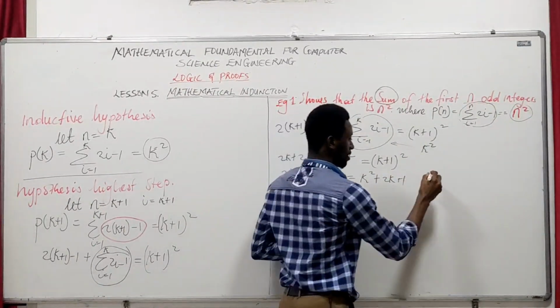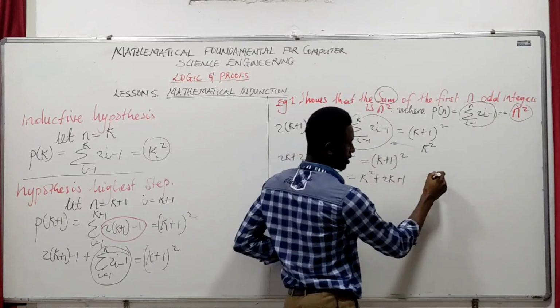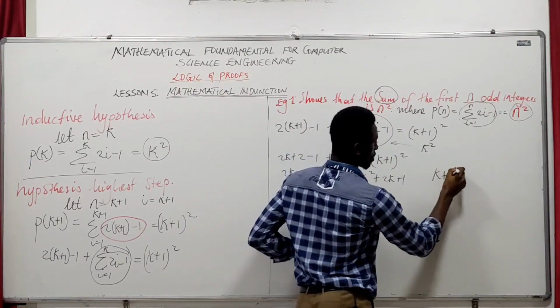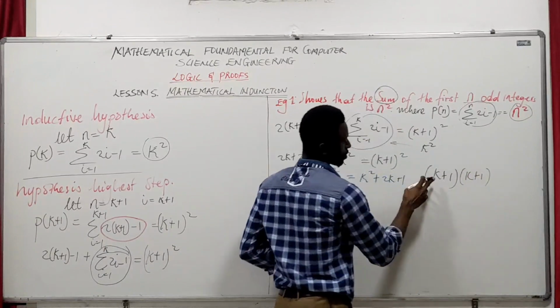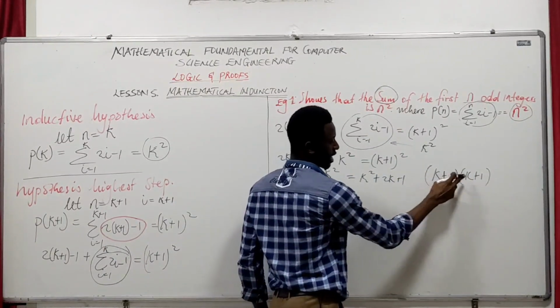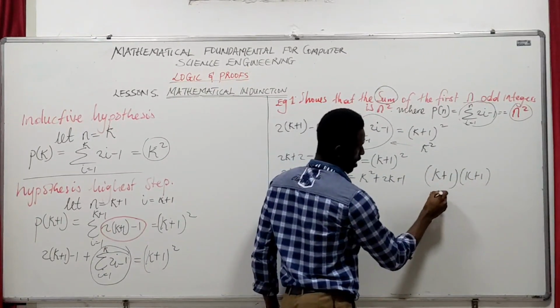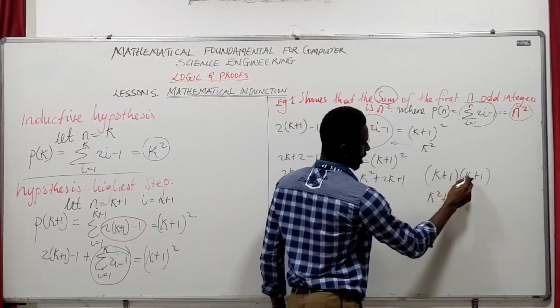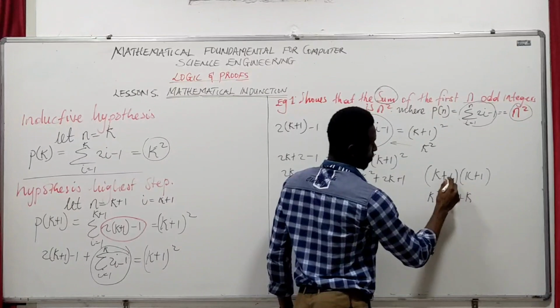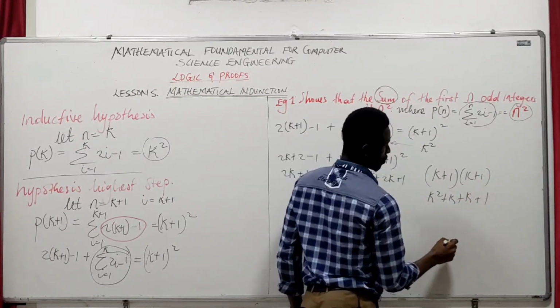In case you don't know how to expand this, say k plus 1 times k plus 1. First we multiply k times k is k squared, k times 1 is k, then 1 times k is k, 1 times 1 is 1.